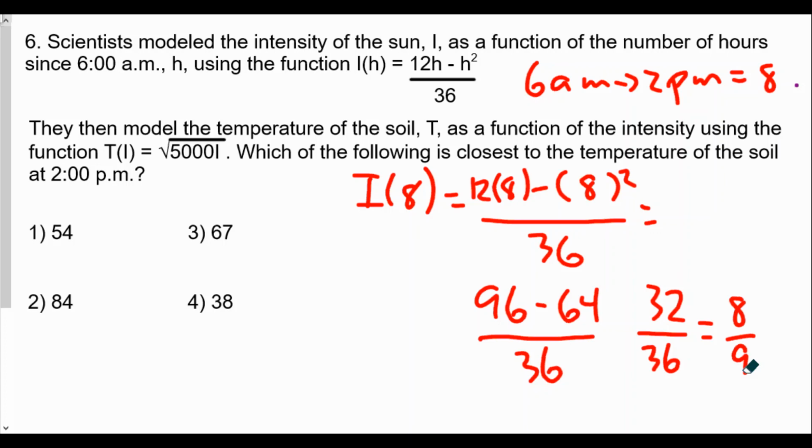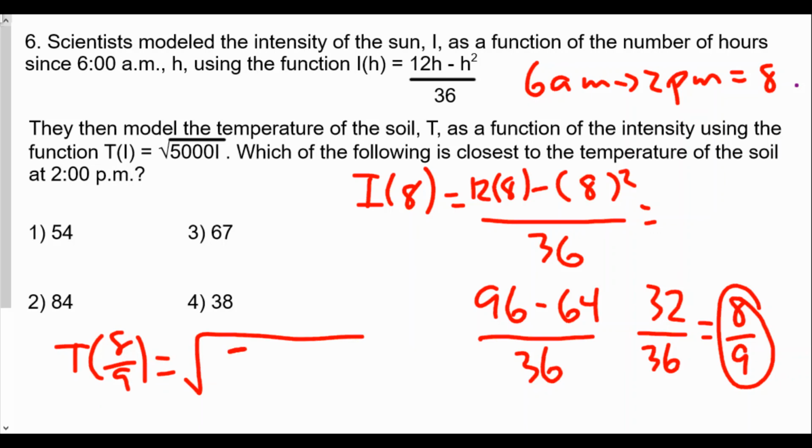This is I. Now, we're going to take this value and plug it into our function T of I. So T of 8/9 is equal to the square root of 5,000 I. So 5,000 times 8/9. Let's break out our calculator here.